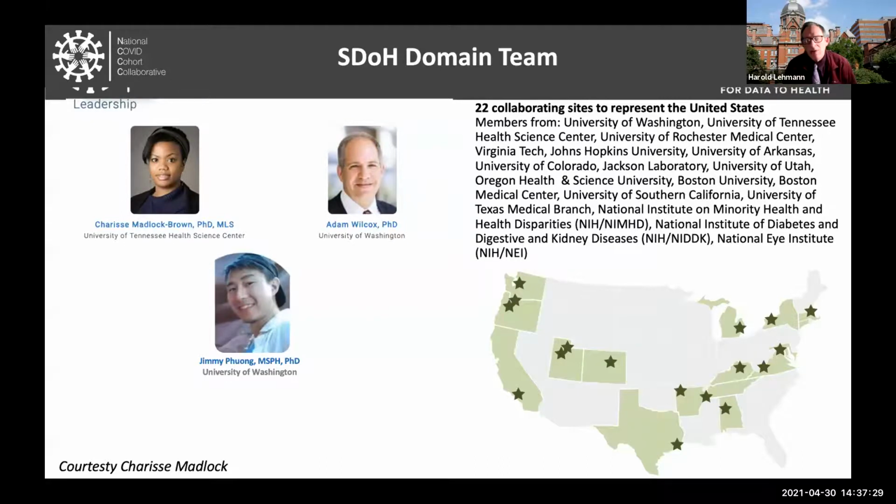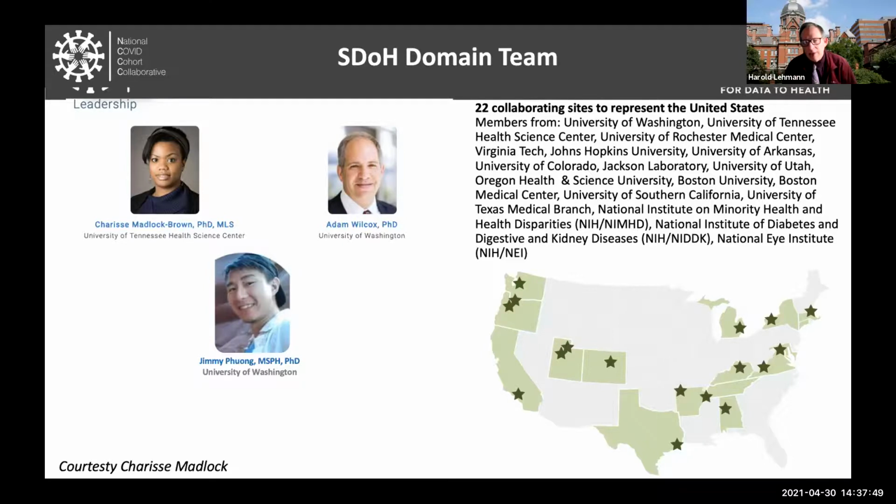And the one-liner take-home from this talk as regards to the session is that this is an amazing opportunity for junior folks to get involved. We've had people from medical students through professors doing work in this and some of the other what are called domain teams.